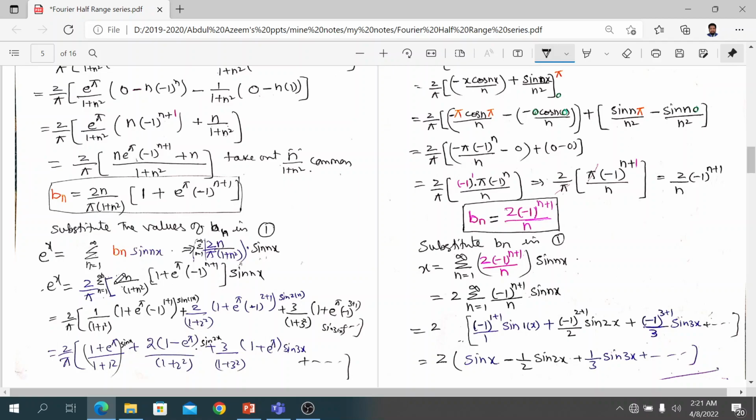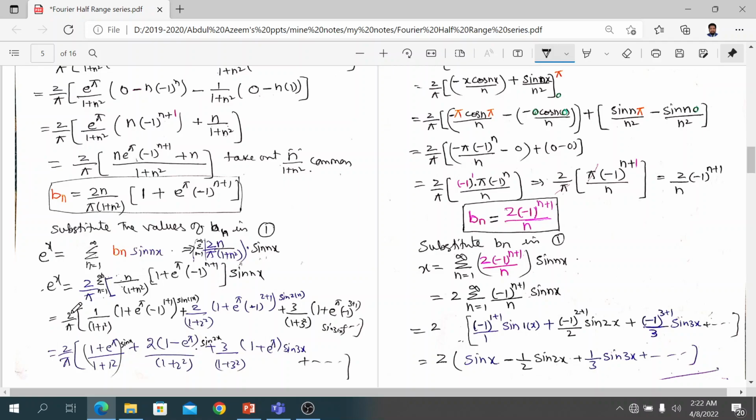Now expand this: 2 by pi outside as it is, 1 by 1 plus 1 square, 1 plus e power of pi minus 1 power of 1 plus 1 into sin 1x, plus 2 by 1 plus 2 square, 1 plus e power of pi minus 1 power of 2 plus 1 into sin 2x, plus 3 by 1 plus 3 square, 1 plus e power of pi minus 1 power of 3 plus 1 into sin 3x, and so on.